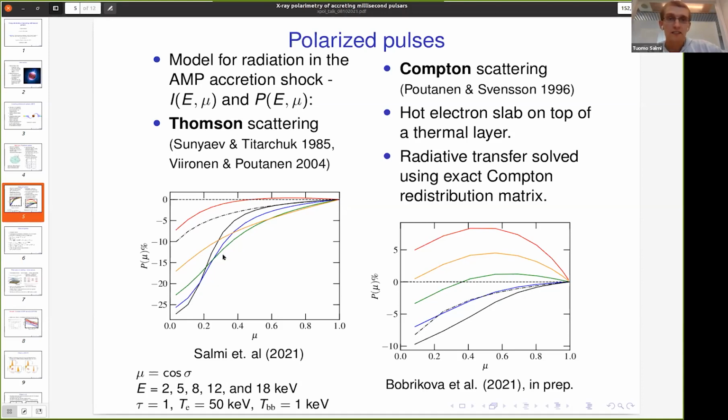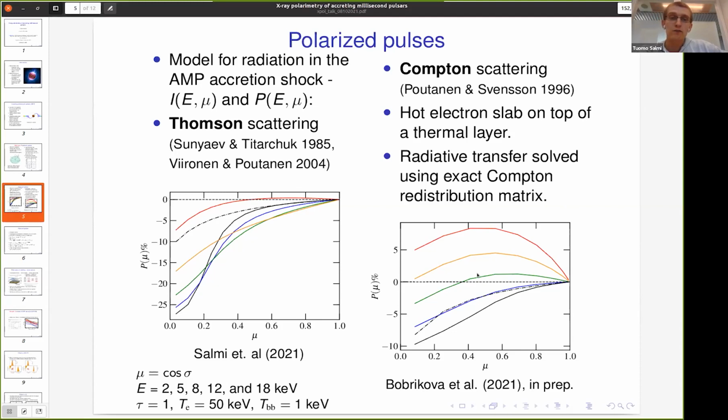But this is still quite a simple model, and recently there has been development to make a more sophisticated and more physical model based on complex scattering in a hot electron slab on top of the thermal layer, where the radiative transfer equation is solved using the exact Compton redistribution matrix.